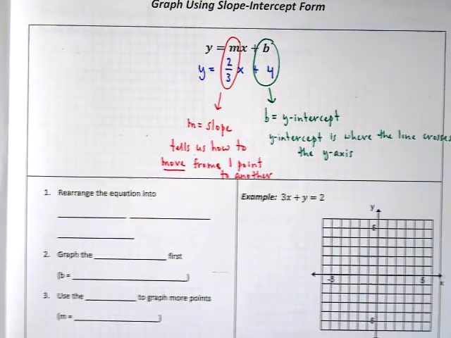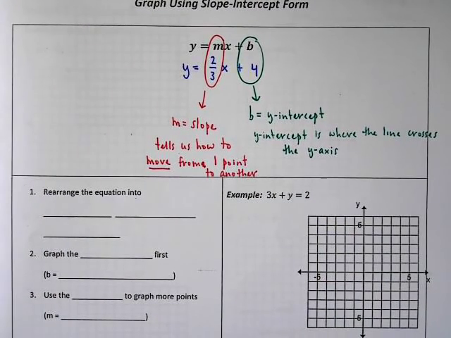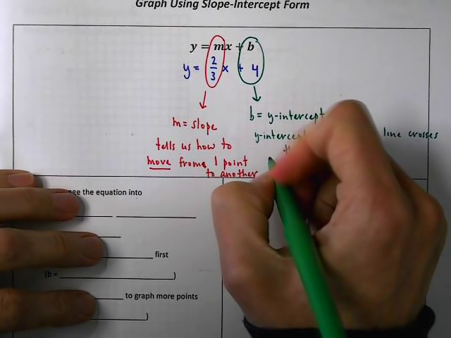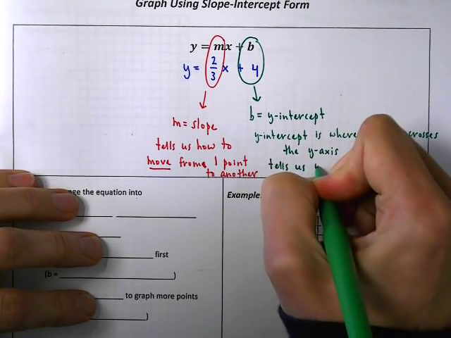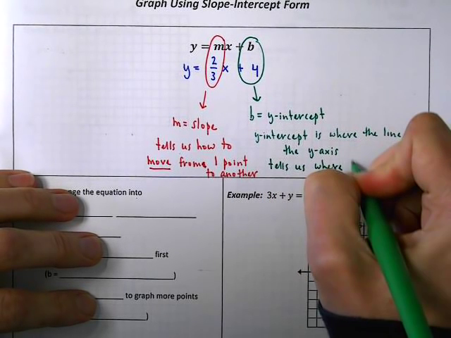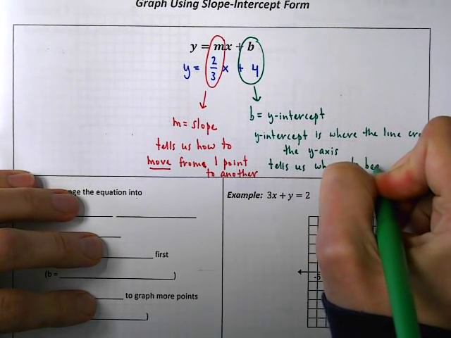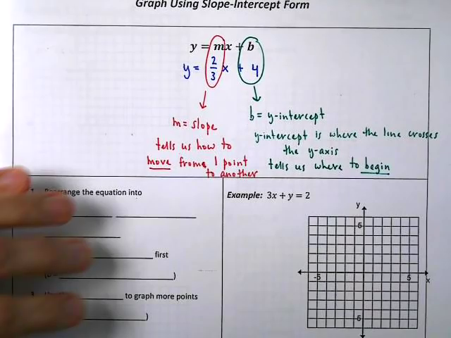Now, when we're graphing, this y-intercept, the b, tells us where to begin. And again, you'll see this in a minute when we start graphing.